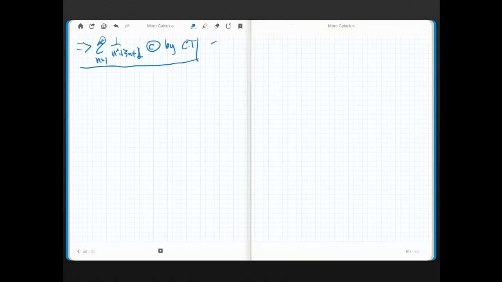This is sort of an aside. What if I have the sum as n goes from 1 to infinity of 1 over n squared minus 1.5? Now look at that. What happens?